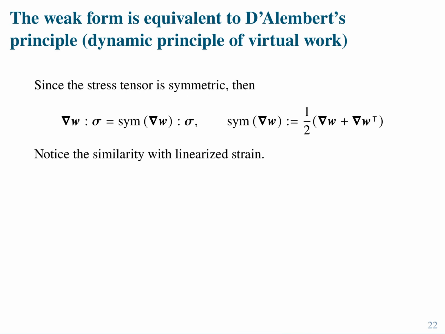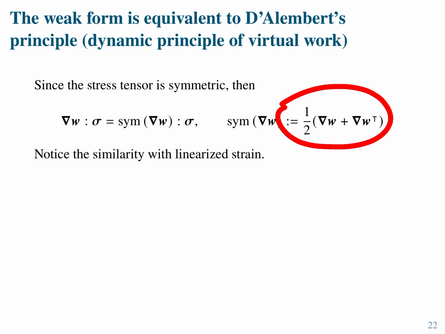For the first time here, I'm going to be using the property that the stress tensor is symmetric. Because if I use the property of the symmetry of the stress tensor, this equality holds. I can say that grad W contracted with sigma is equal to the symmetric part of grad W contracted with sigma. By definition, the symmetric part of that tensor is 1/2 of grad W plus grad W transpose.